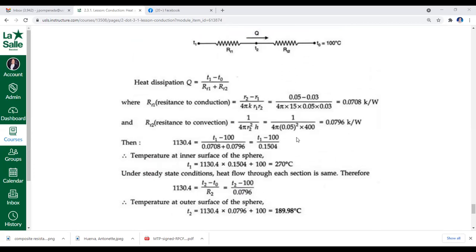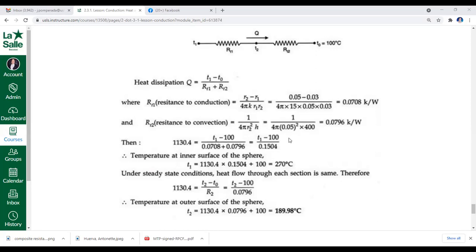In a problem, the problem itself will not specify that, hey, you are to solve for both. You are the one who's going to think of it: what are the resistances that I'm going to consider? Will it be pure conductive heat transfer, or do I need to consider convective heat transfer this time?